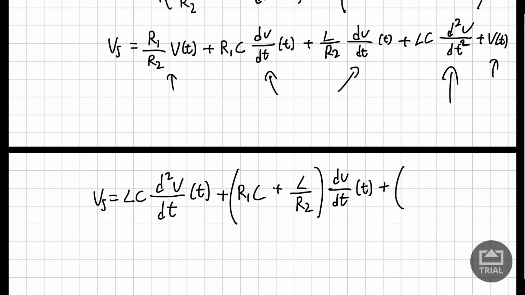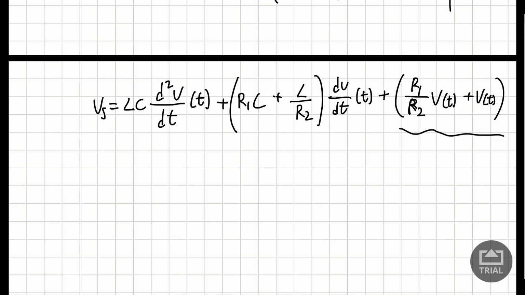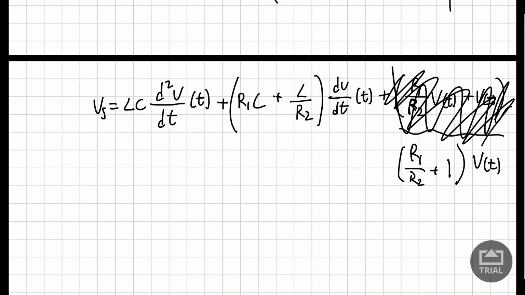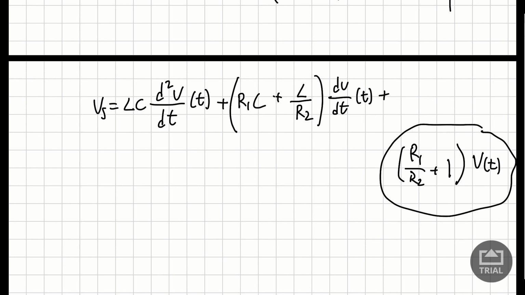When we do this, we will end up with R1 over R2 V of t. I'll do two steps just to show this as a better example. We take R1 over R2 plus 1, because now we're taking the common factor of V of t out. So this can be rewritten as this.